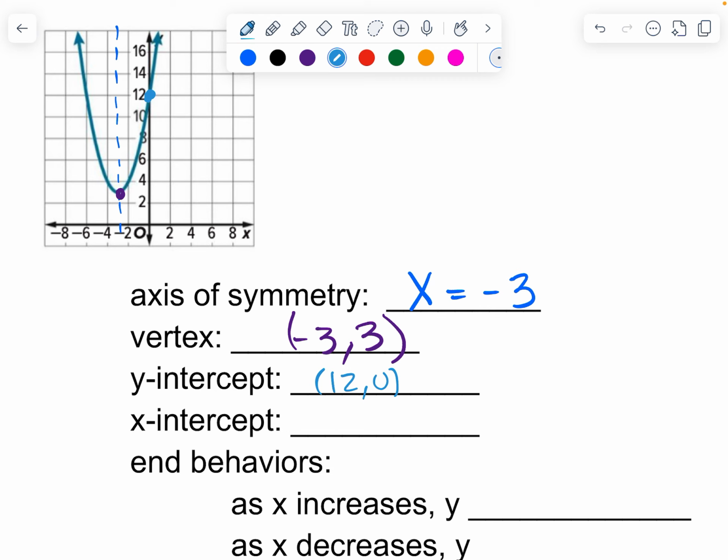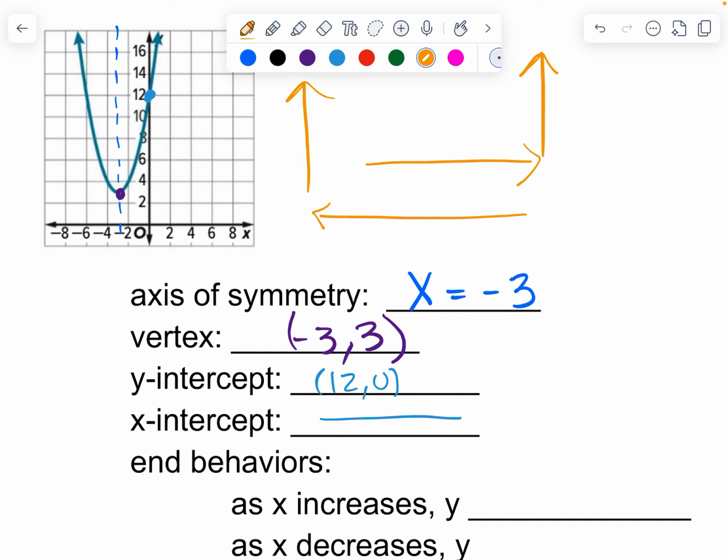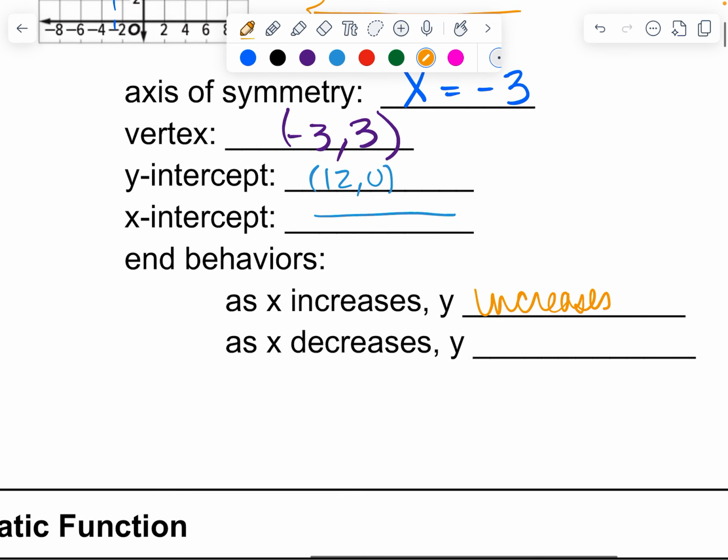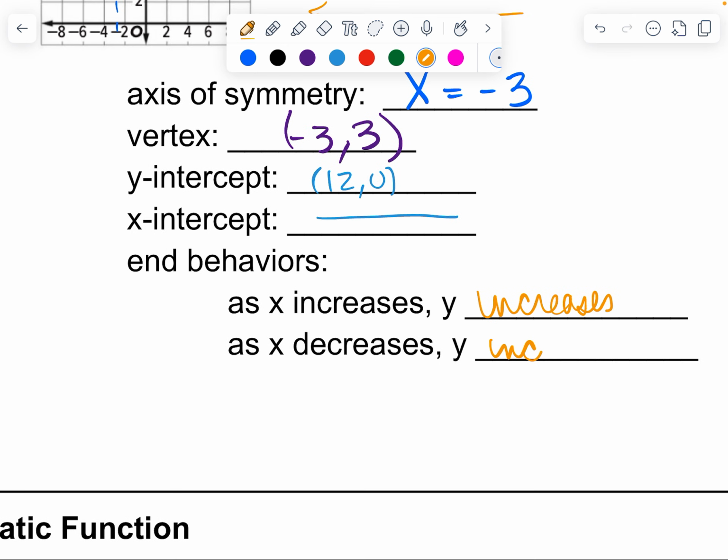Okay, and then my x-intercept. We don't have an x-intercept. As the x gets bigger, the y gets bigger. As the x gets smaller, the y gets bigger. So this is both increases. Okay.